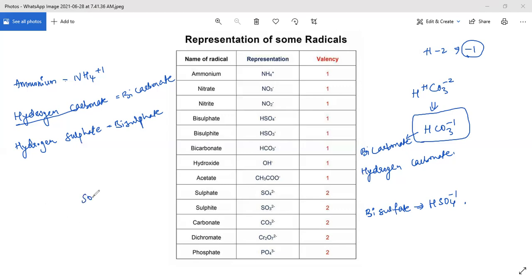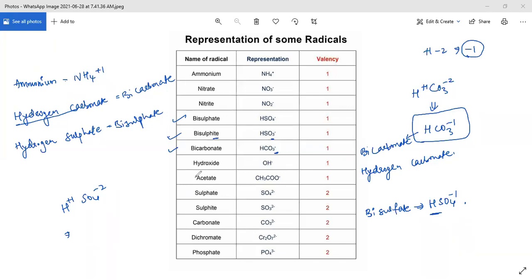SO4 minus 2, right? If you add H plus, hydrogen is plus 1, right? If you add them, minus 1 is coming. So if you add these two things, it will come bisulfate. Bisulfate is HSO4 minus 1. Bisulfite, we will use when SO3 is coming. Bicarbonate is HCO3 minus 1.